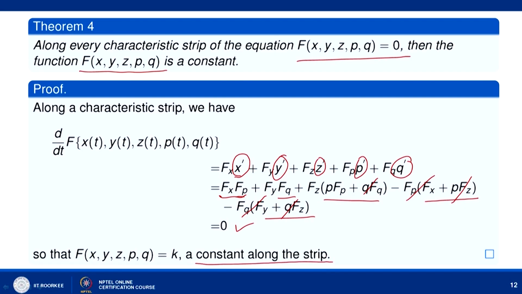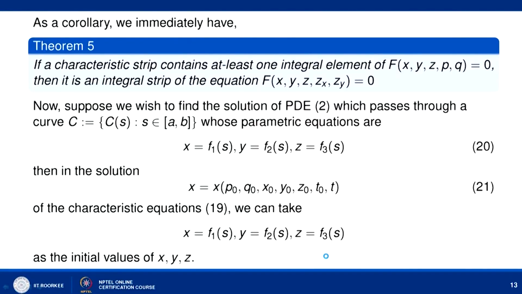So, this simply says that along a characteristic the value of f of x y z p q is equal to a constant, but we really do not know whether it is 0 or not. To make it 0, we look at one more small result: if a characteristic strip contains at least one integral element. What is an integral element? An integral element is the tuple x y z p q such that the value of f of x y z p q equals 0.